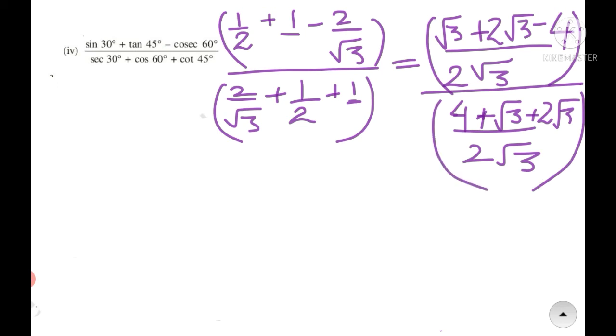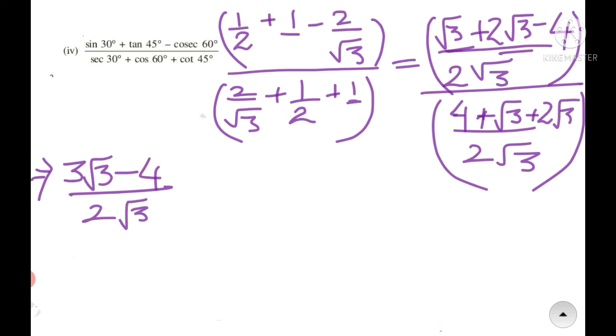Now let us simplify a little. In the numerator, I get root 3 plus 2 root 3, I get 3 root 3. We can add. In the surds, when we have similar surds, both are having root 3, so only the coefficients get added. So 1 plus 2, 3 root 3, minus 4 divided by 2 root 3.